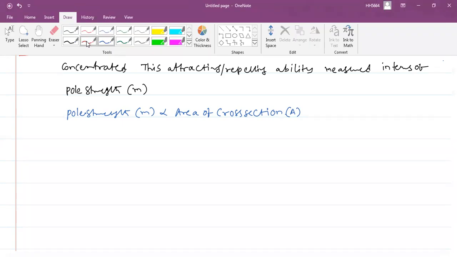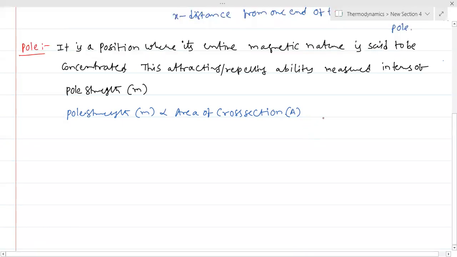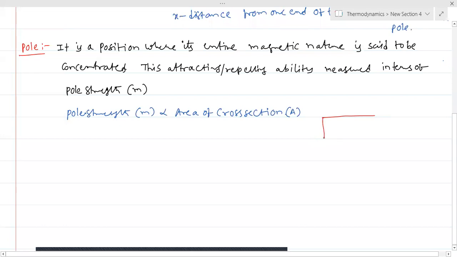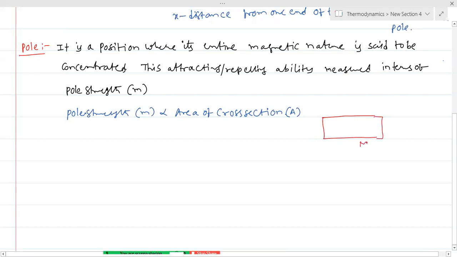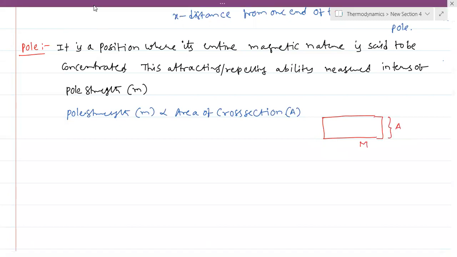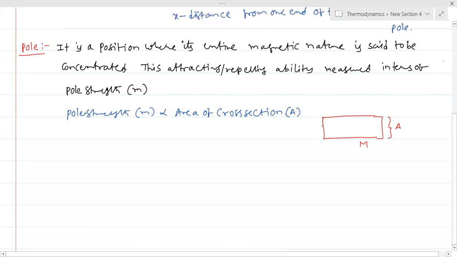For example, I'm taking this bar magnet of magnetic moment M, and this is of area of cross section A. In the future, we are going to do problems like this. Suppose the bar magnet is made into two equal parts, parallel to its length.